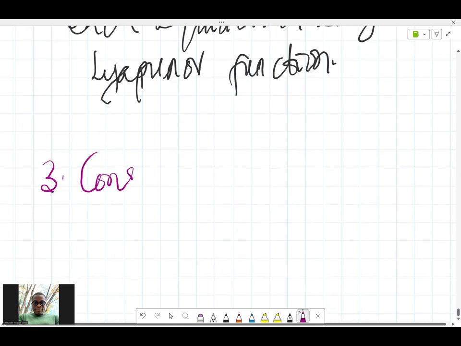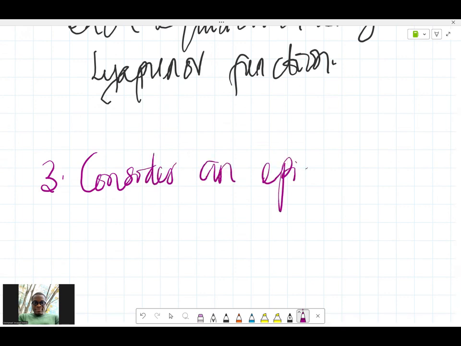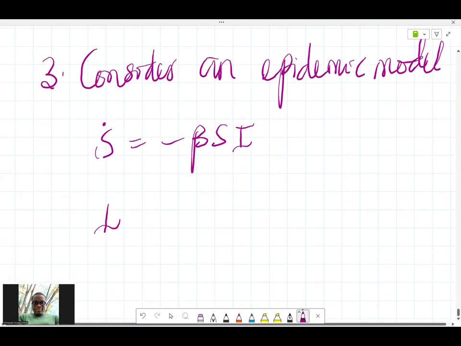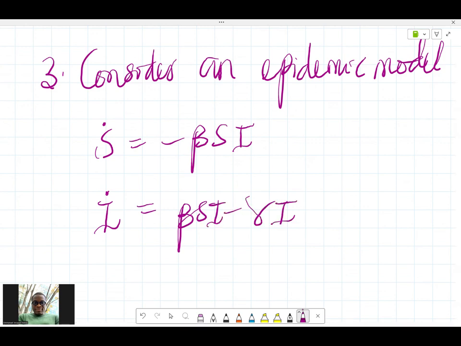I don't know when, but I'll definitely talk about it because that's my area of research. So consider an epidemic model where S dot, the population of susceptibles, equals minus BSI, and I dot, those who are infected, equals BSI minus gamma I. This is an SI model.